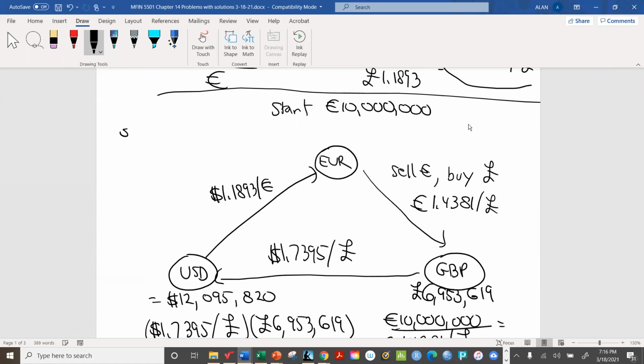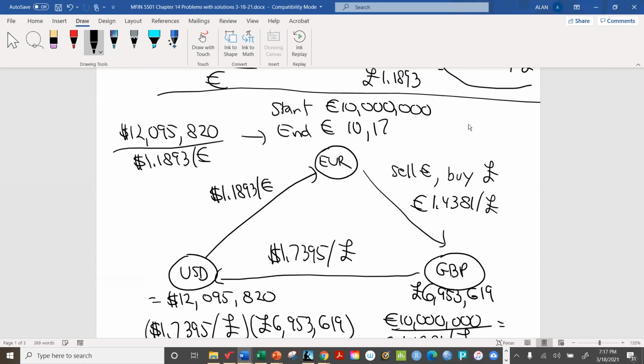Okay, so if I take 12,095,820 and divide by 1.1893, you'll see that we have the final result, which is 10,170,538 euros. So of course our profit is the difference, 170,538.